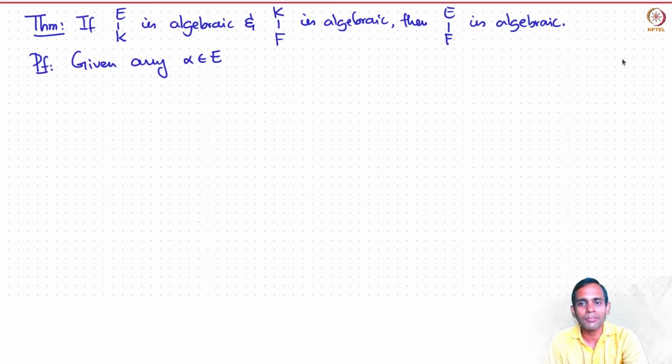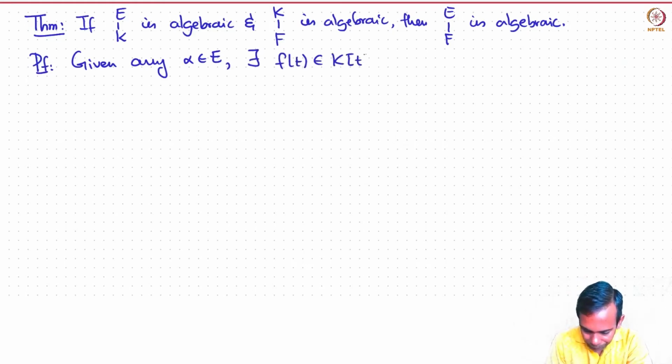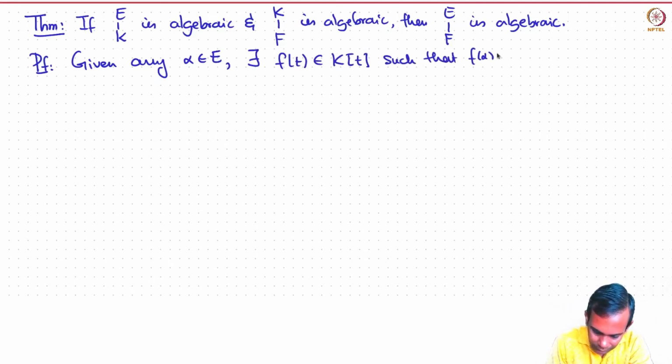So firstly, given α in E, what we know is that there exists a polynomial f(t) in K[t] such that f(α) is 0.